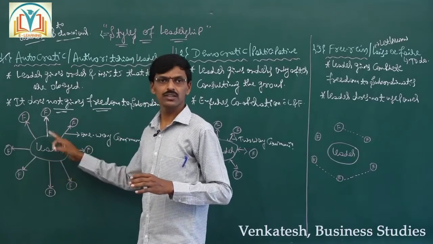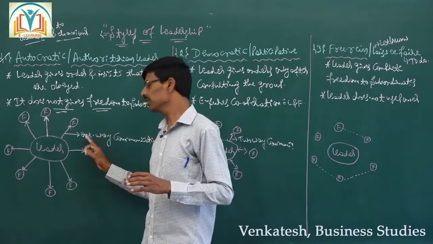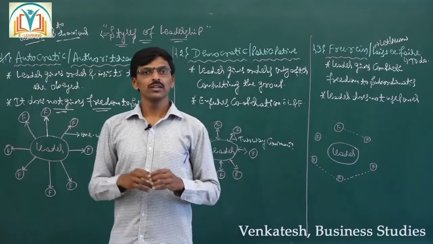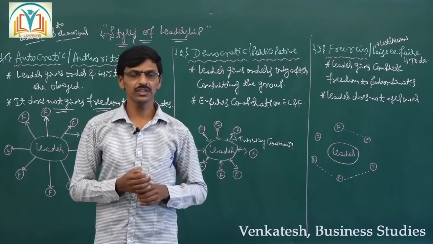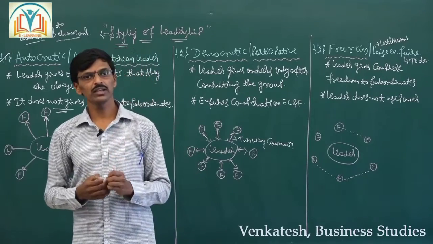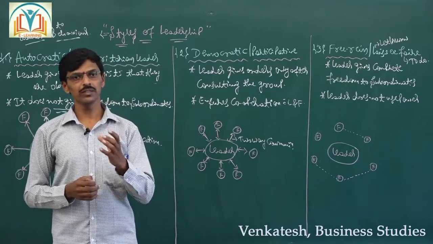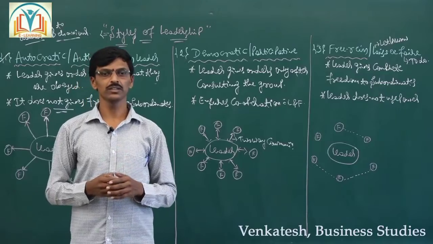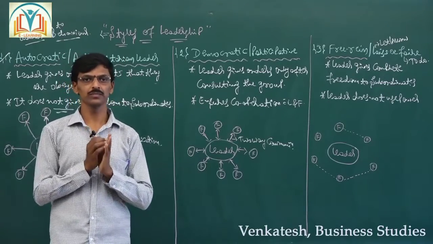What the leader says, they must accomplish as the objective. That is called the autocratic leadership style. By following this style of leadership, a leader can take quick decisions over the different problems or work aspects. That is called autocratic leadership style.